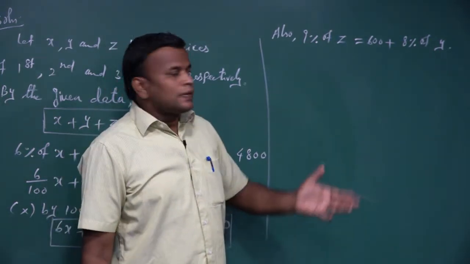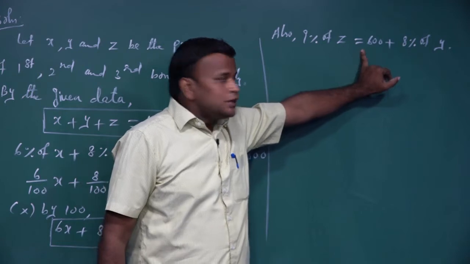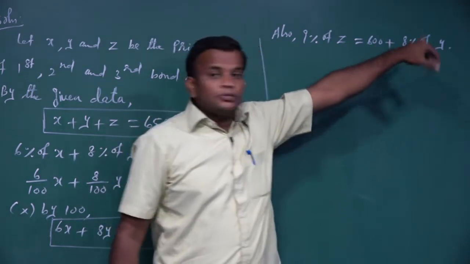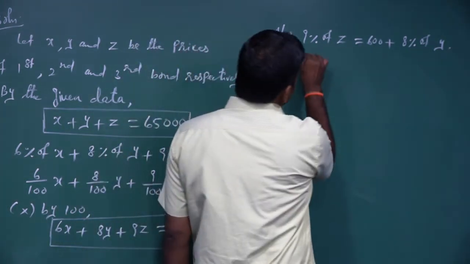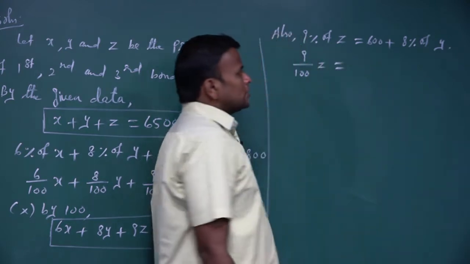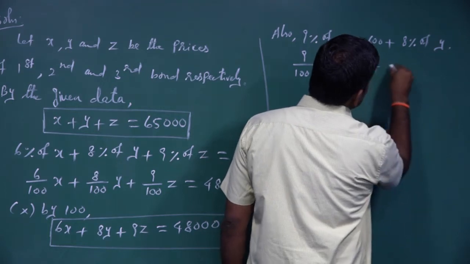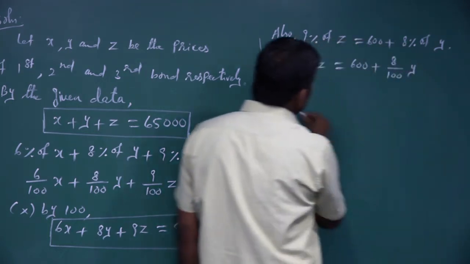The income from the third bond is 600 more than 8% of the second bond. So we write 9% of Z, 9 by 100 into Z, is equal to 600 plus 8 by 100 into Y.